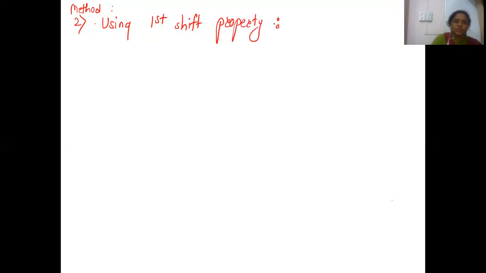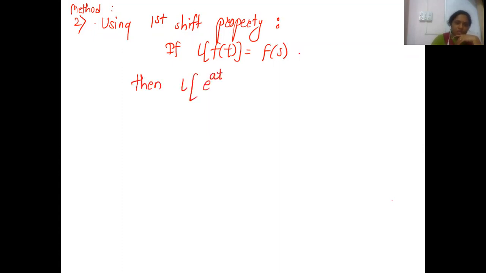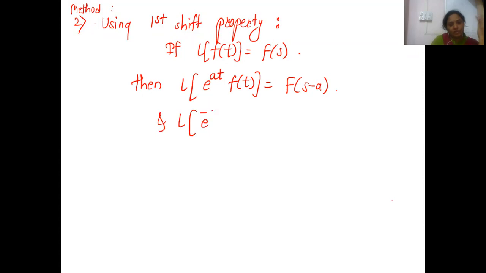In Laplace, we'll write the statement: if Laplace of f of t is F of s, what was the first shift? Then Laplace of e raised to at into f of t is equal to F of s minus a, and Laplace of e raised to minus at f of t is F of s plus a.